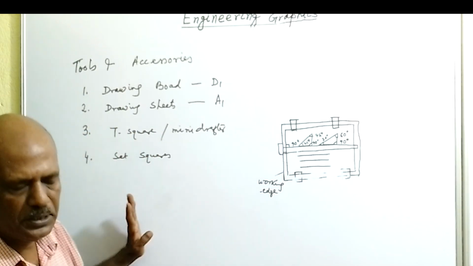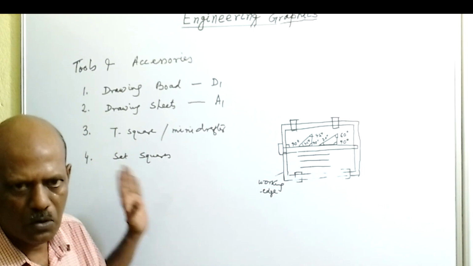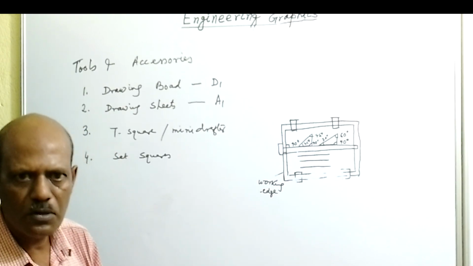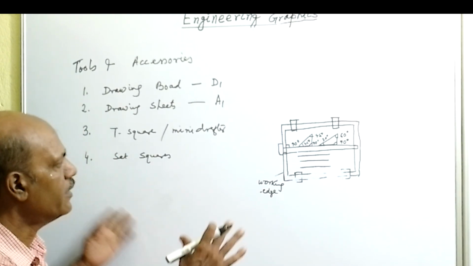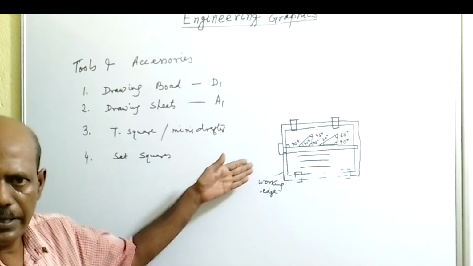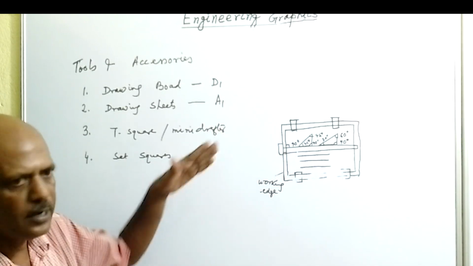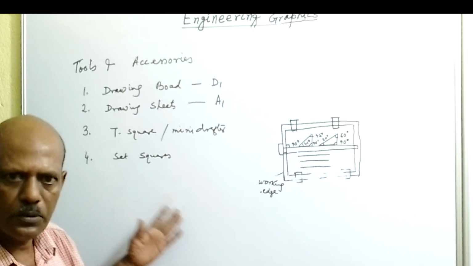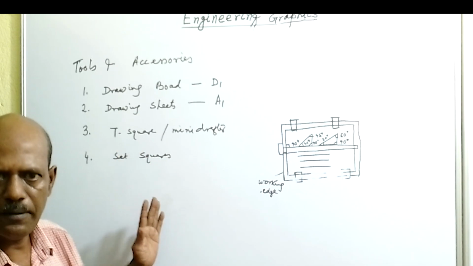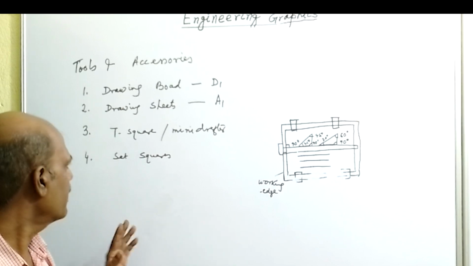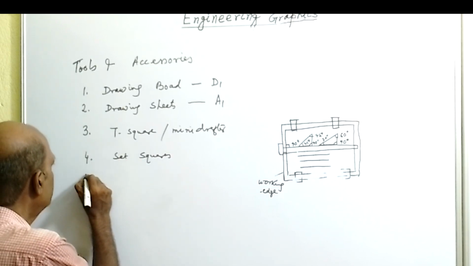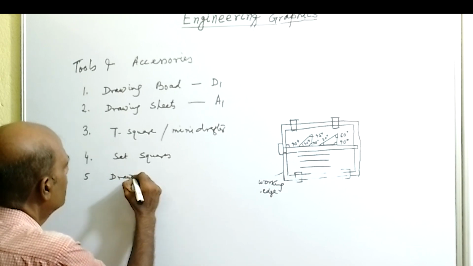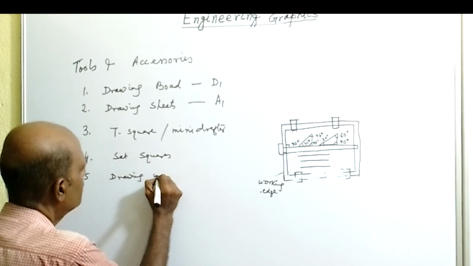With the help of the T-square we can draw horizontal lines, and with the help of the set square we can draw a 90 degree angle or a perpendicular line, or any other line at a particular angle, that is 30, 45, 60, 90, 120, 75 and 150 degree angle. Now next is the drawing instrument box.